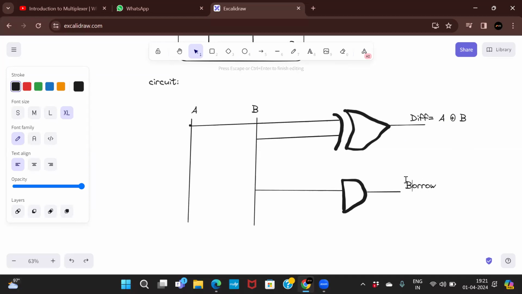Any response? Fast, fast, we don't have time. Why do we require a not gate? Not gate, right?